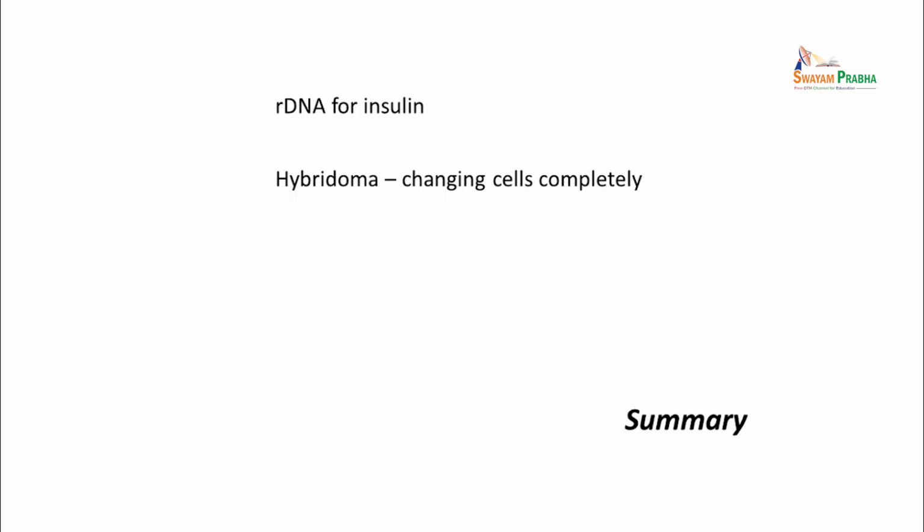So, in summary, if you look at module 5, we'll summarize the entire course in the next lecture. In module 5, we began by considering the cells themselves, the actual factories that produce the product.